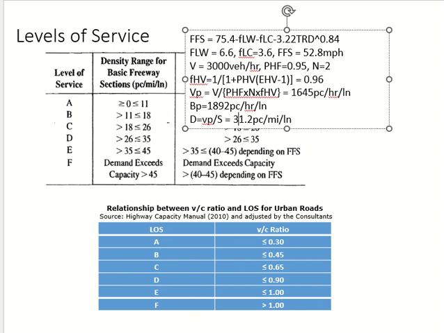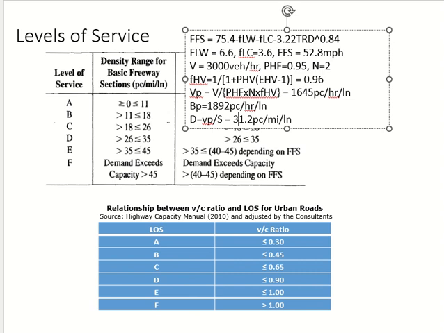Okay, tell me what is the level of service from the table, first one. D. Level of service is D. Okay, the level of service is D. Okay, clear? Any questions?